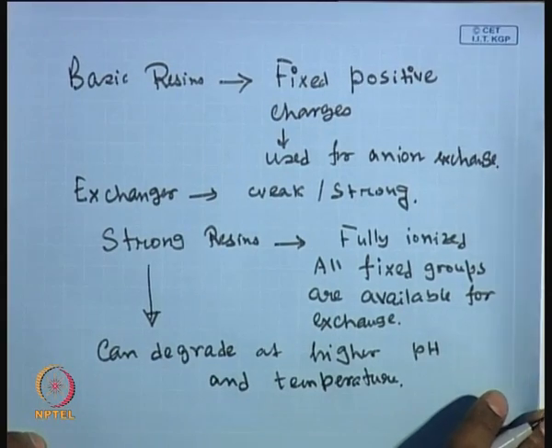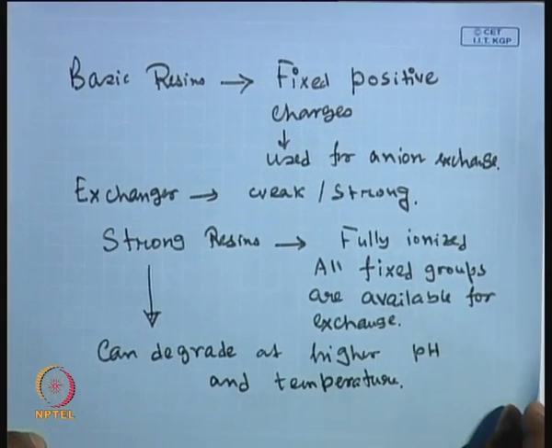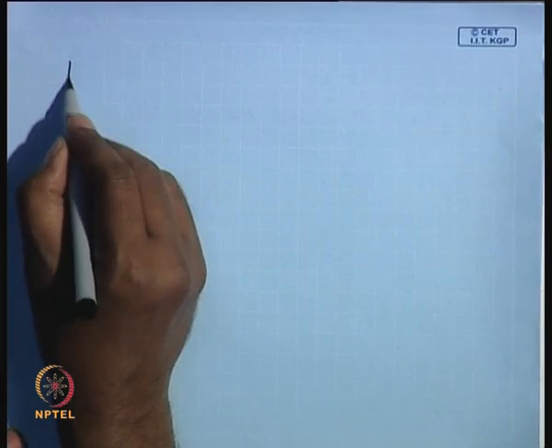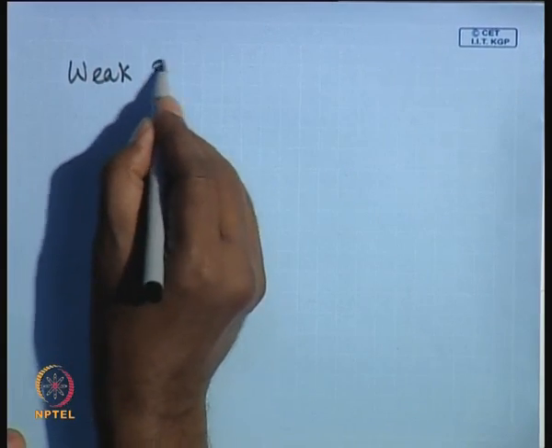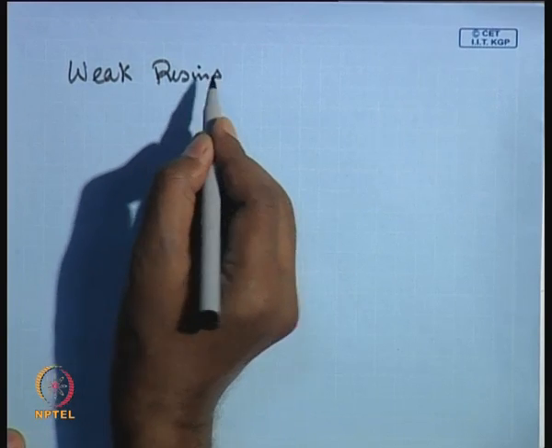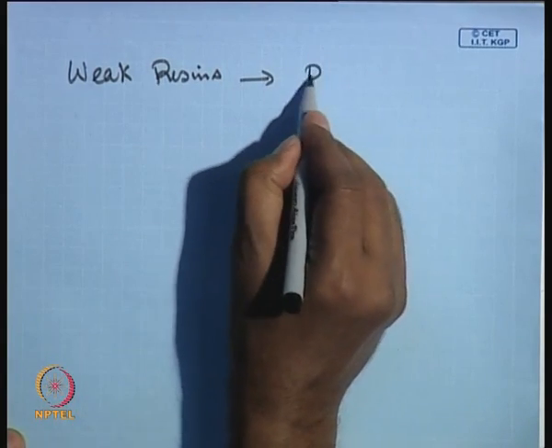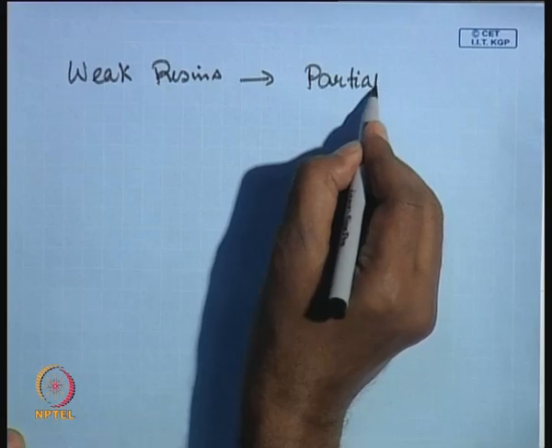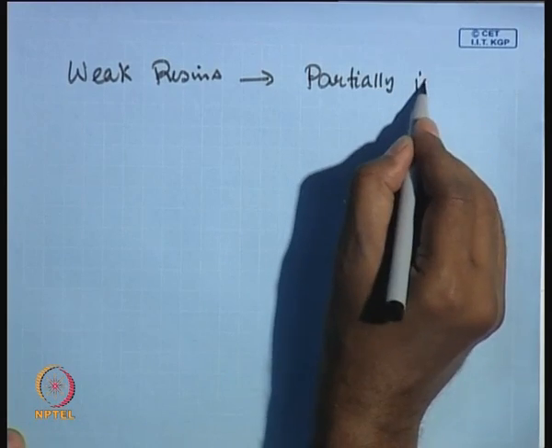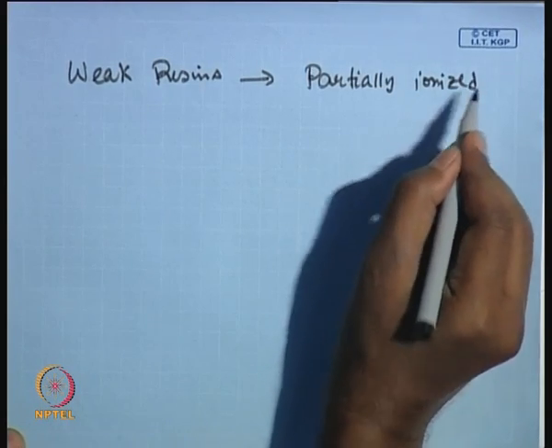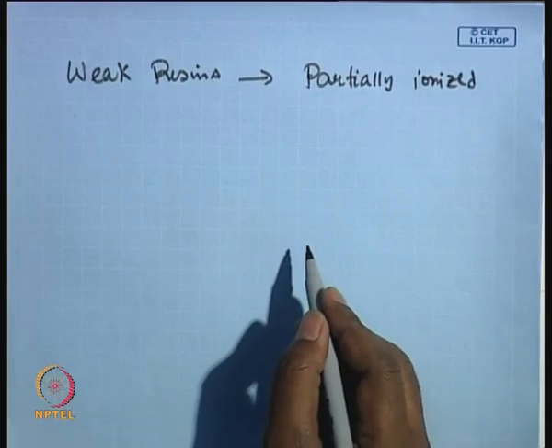On the other hand, the weak resins are partially ionized. Since they are partially ionized, their ion exchange capability will be less.